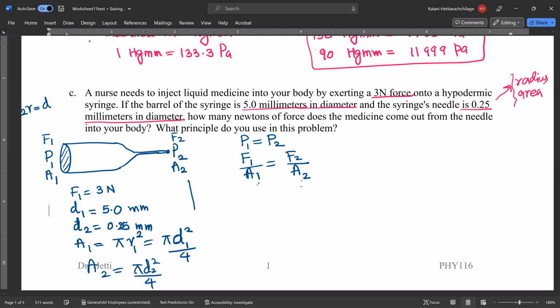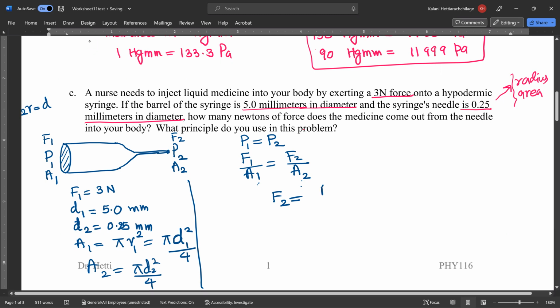Okay. So now I have all this information, and we're going to plug that in, and then you will see your units cancel out. So now let's do that here. We need to find F2. F2 equals A2 over A1 times F1, right?